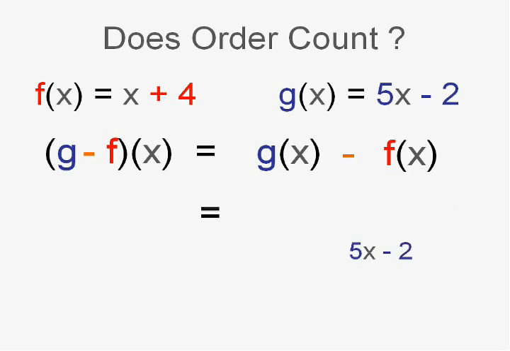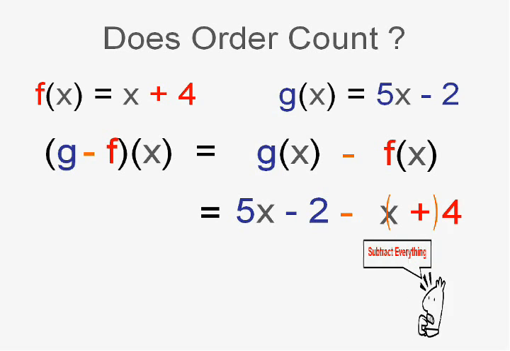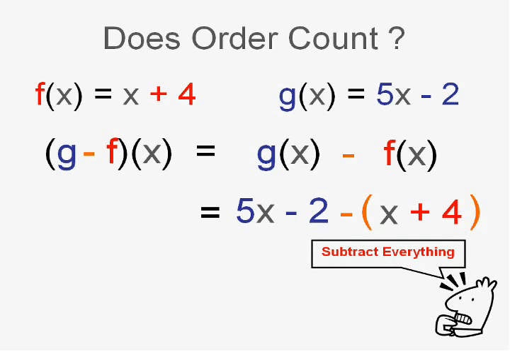We'll have g of x, 5x minus 2, and we want to subtract the x plus 4. Well, let's simplify here. 5x minus 1x is 4x, and negative 2 minus 4, be careful, your answer should be 4x minus 6.